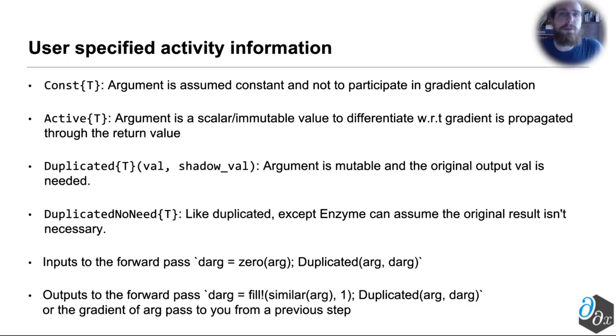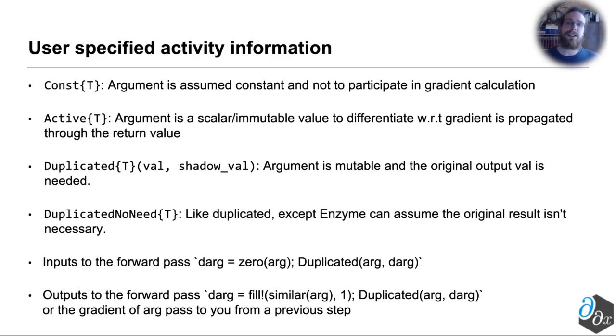I talked before about activity information, and we allow the user to specify that. So as an example, Const, Active, Duplicated, and DuplicatedNoNeed are wrapper structs that you can use around the argument to a function to be differentiated, which will help Enzyme to make decisions about the synthesis of the gradient.